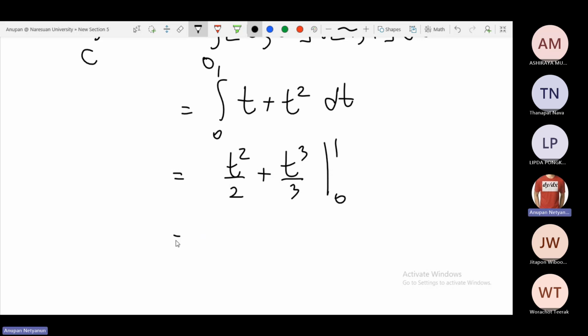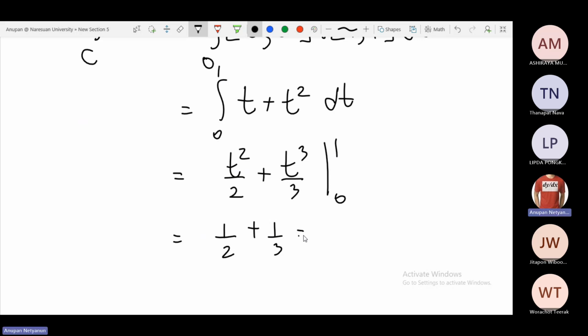Okay, then do the evaluation. Plug in 1 minus plug in 0. So plug in 1 for t, you have 1 over 2 and 1 over 3. And then minus plug in 0. You can see that when you plug in 0, these two terms become 0. So you minus 0.